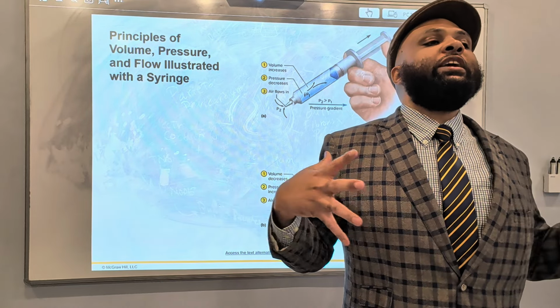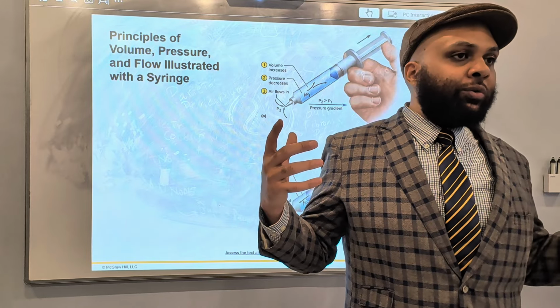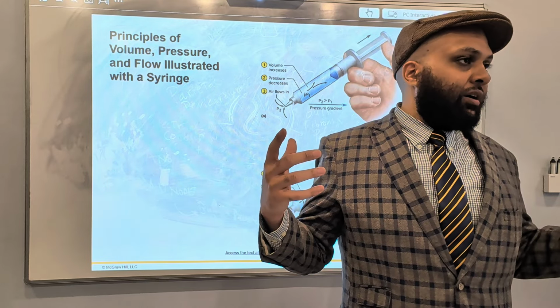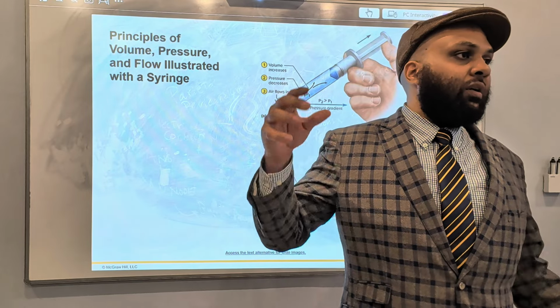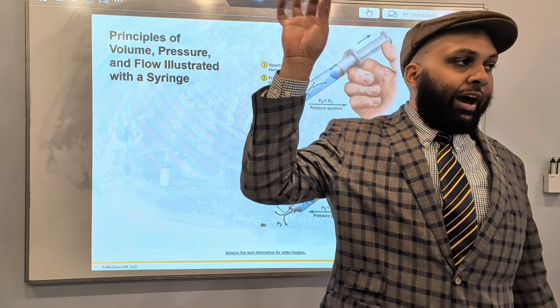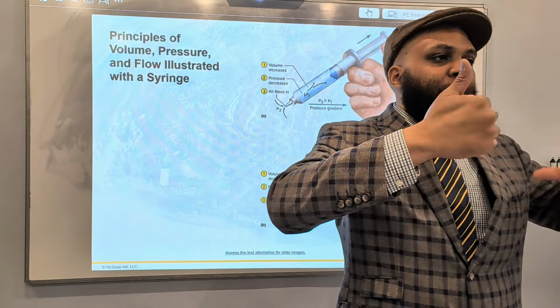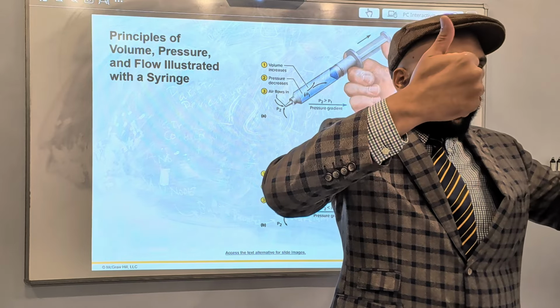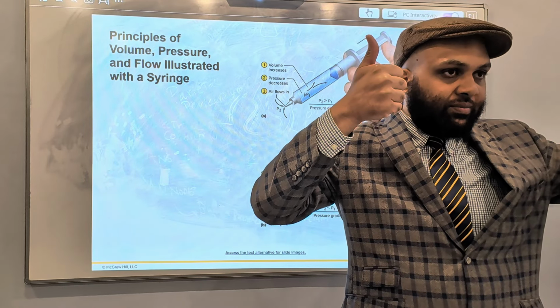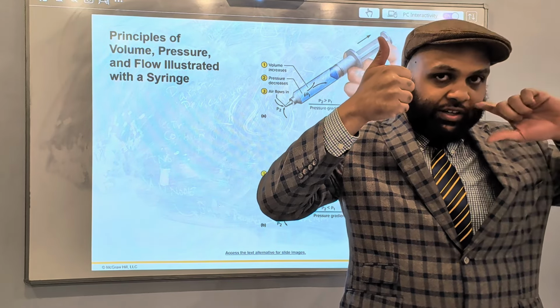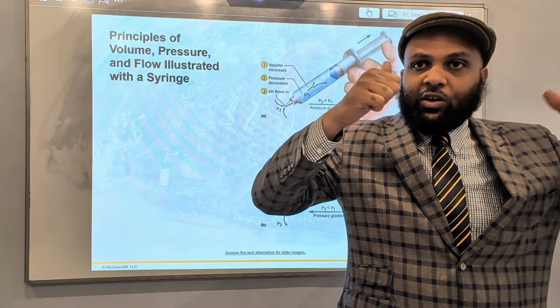The chamber increased. Air flew from an area of high pressure to low pressure. You see, volume is the opposite of pressure. If you increase volume, what happens to pressure? Decrease. Pressure is the opposite of volume.